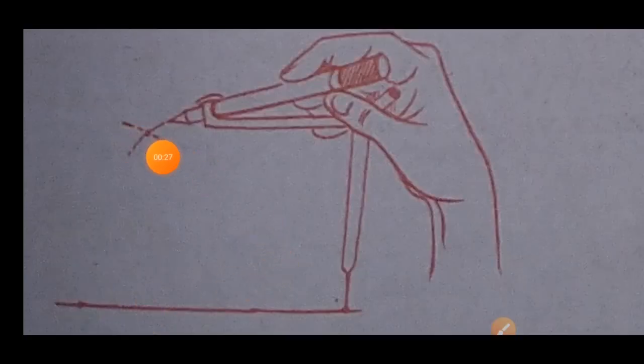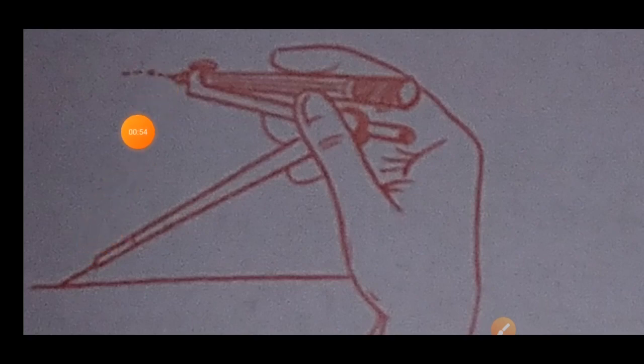Then we draw one arc from point Y of 5 cm, and one arc of 6 cm from point X. Then we join these two intersecting points, ZX and ZY.